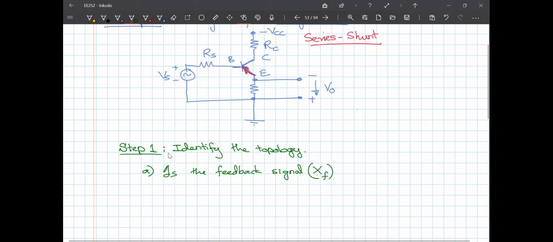The feedback signal will be the same type as the input signal.